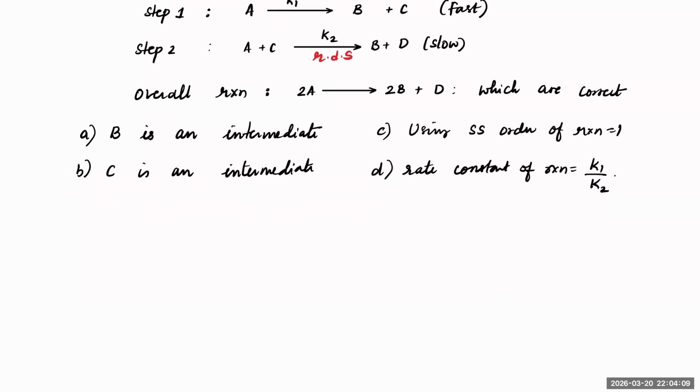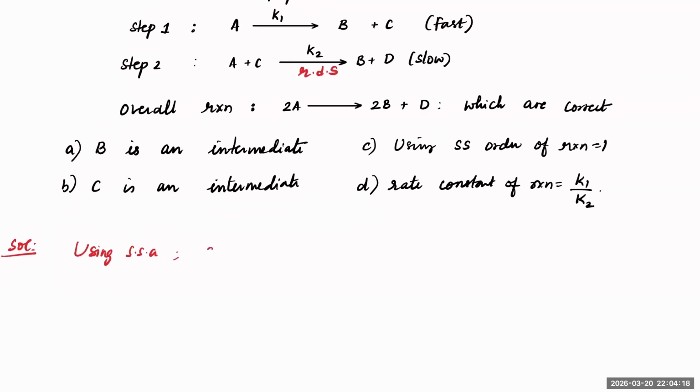So let's use the SSA. Using SSA, the rate of change of the intermediate should be 0. And you can clearly notice that the concentration C is the intermediate.